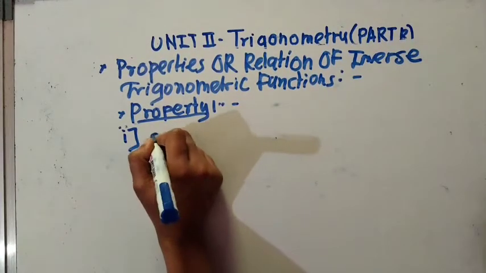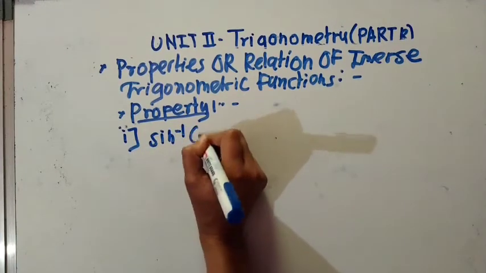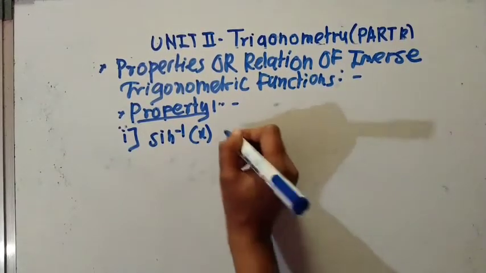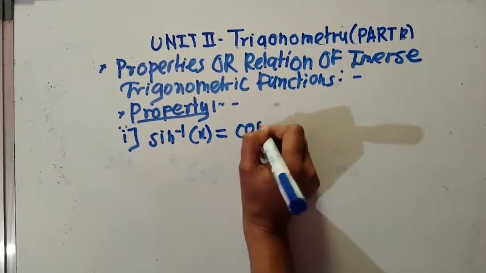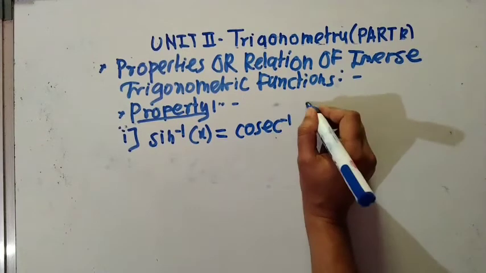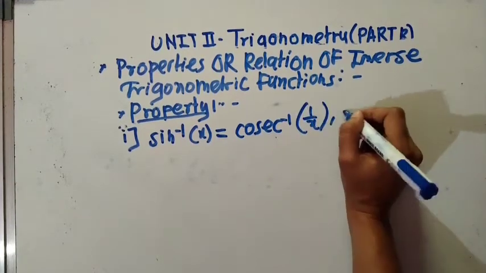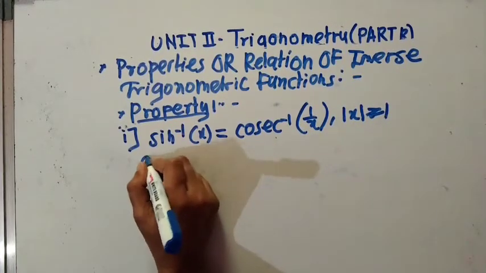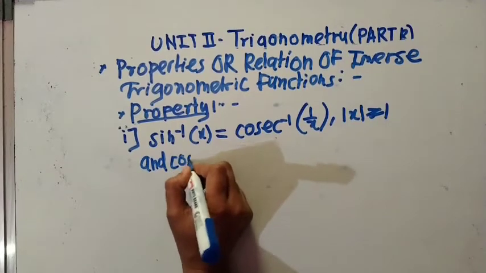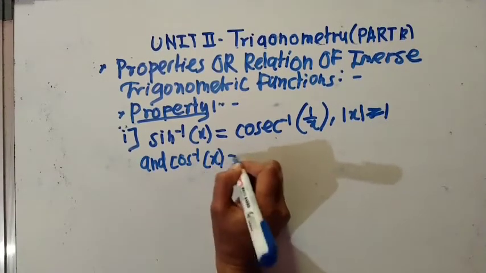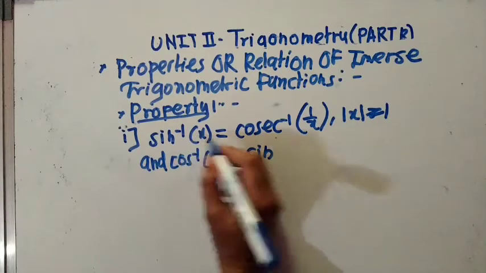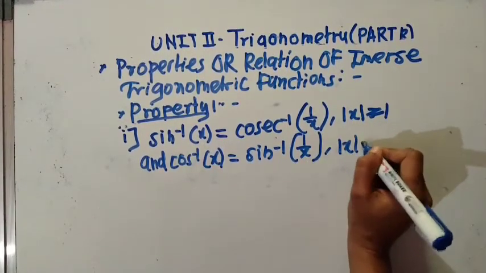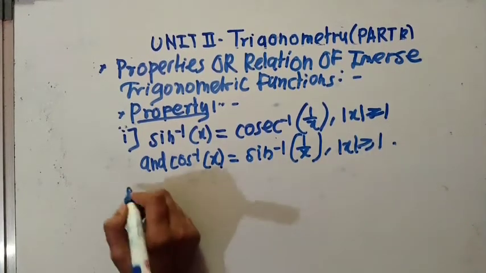The first property is sin inverse of x is equal to cosec inverse of 1 upon x, where mod of x is greater than or equal to 1, and cosec inverse of x is equal to sin inverse of 1 upon x, where mod x is greater than or equal to 1.